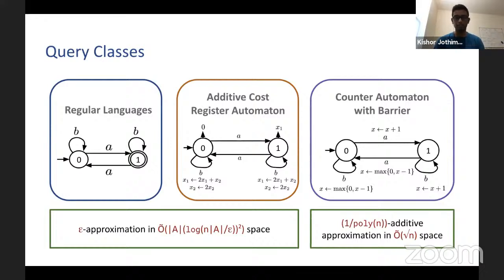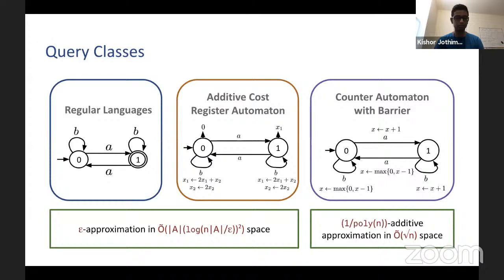And finally, we consider this model, which introduces a bit of non-linearity in the function, where you have one counter automaton, which can either be incremented or decremented, but decrements don't go below 0.